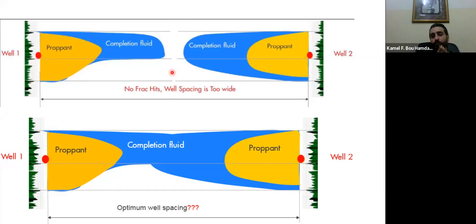So we are losing this area between well 1 and well 2. This area is no longer stimulated. Therefore, we prefer frag hits because we are able to stimulate all of the areas, and at the same time, the proppants did not really interact together.